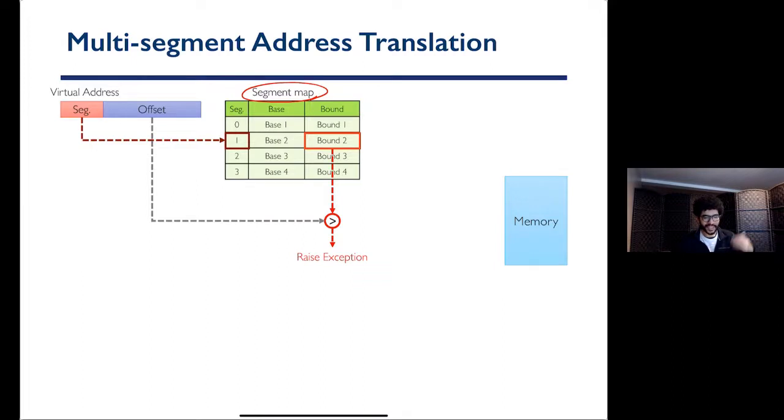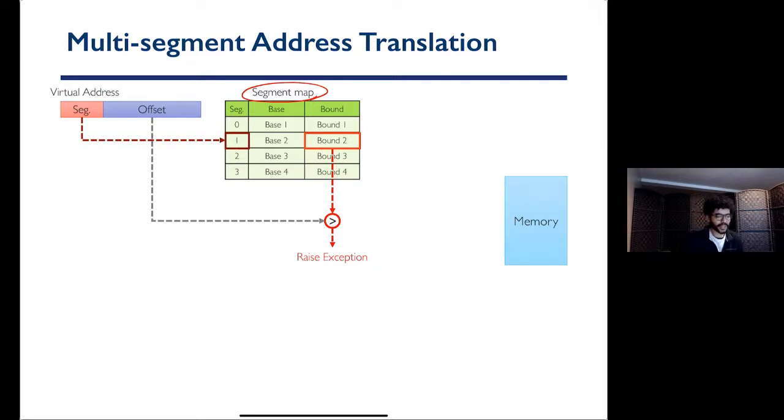Now, as the process runs and generates these addresses, I'm going to look at the segment number and look at the segment map, and fetch the base and the bound and do my checking to make sure that this is a valid address and translate it.